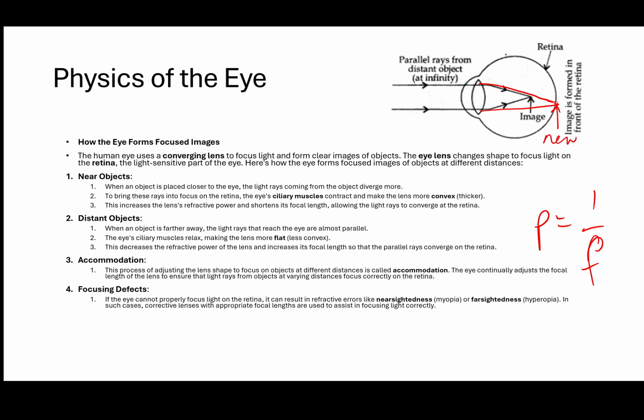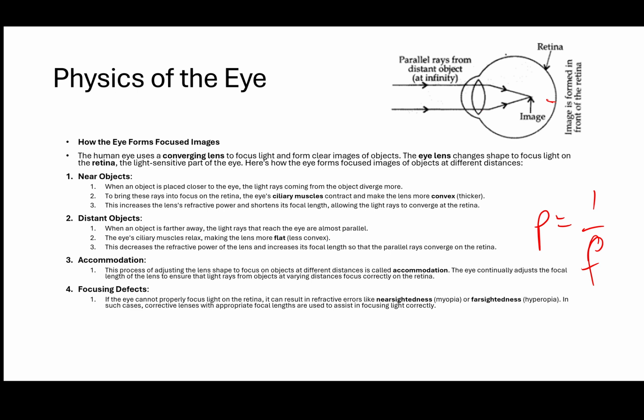So this would be the new image for an object that is not focused on the retina. So you're going to end up with stuff like that. We're going to be focusing on what's happening here, and I'm going to clarify it as it relates to objects at a distance and objects that are closer. So we increase the power of the lens, we make the lens more convex, in order for the eye to focus on something that is near.